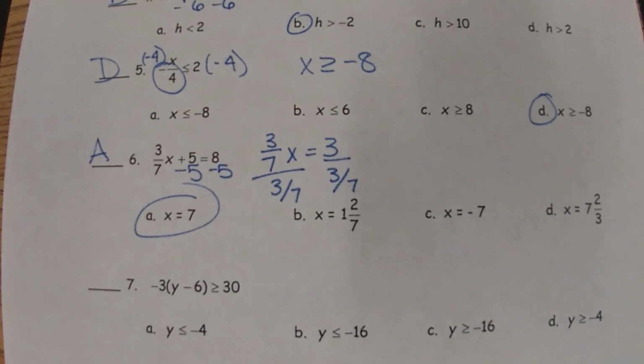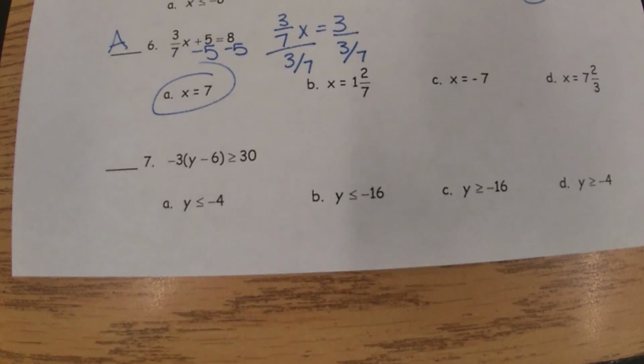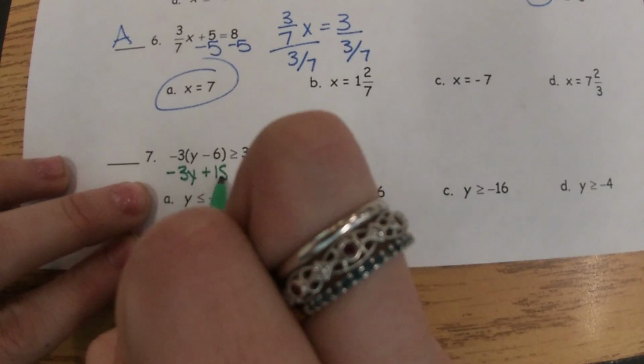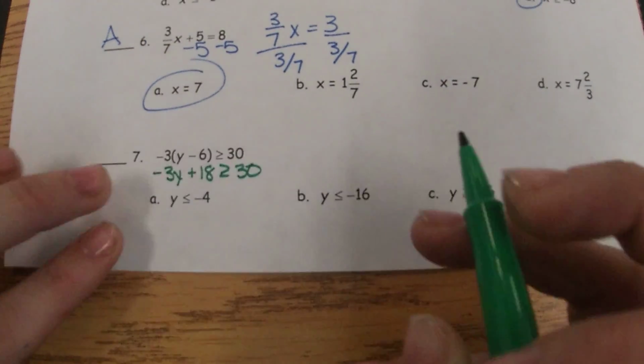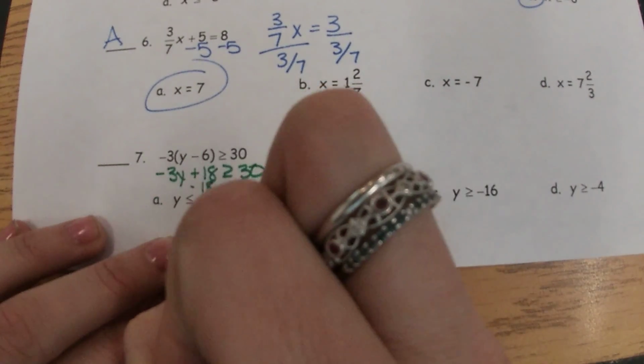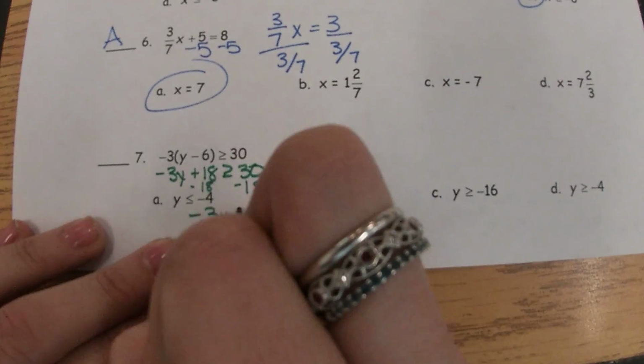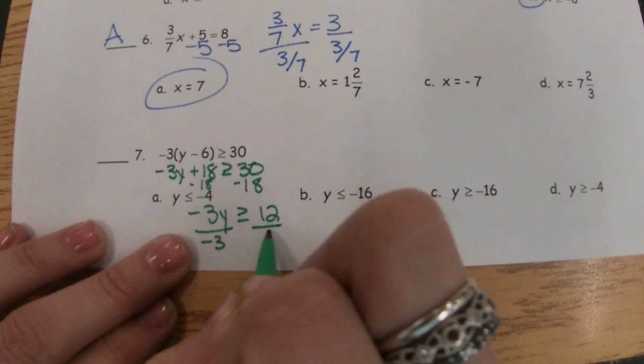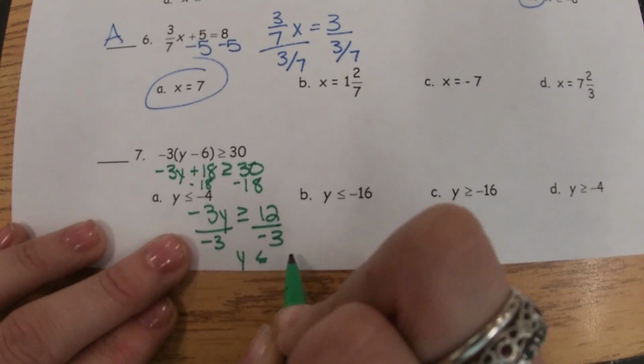Okay. We distribute, 2 negatives make a positive. Now this was a bad place to write it. This is a reason to flip the sign.